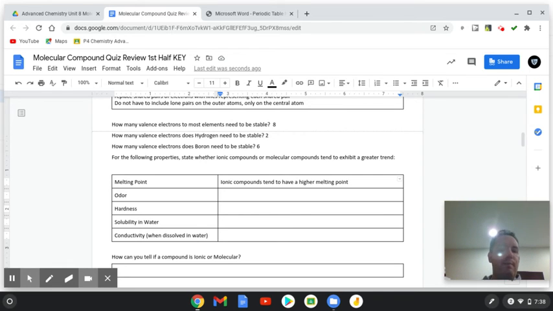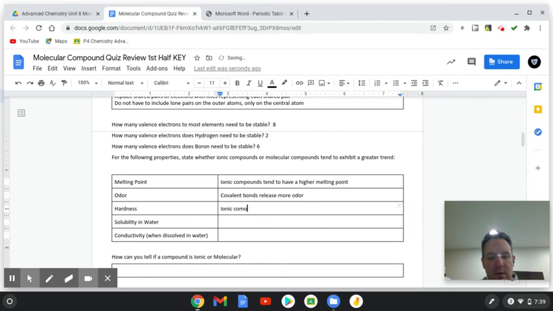So the ionic bonds are going to hold together longer. Covalent bonds release more odor. Because covalent bonds don't hold their particles together, their particles are more likely to escape, and that's what you smell as the odor.